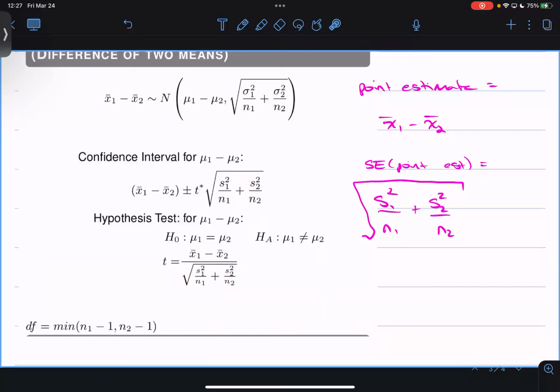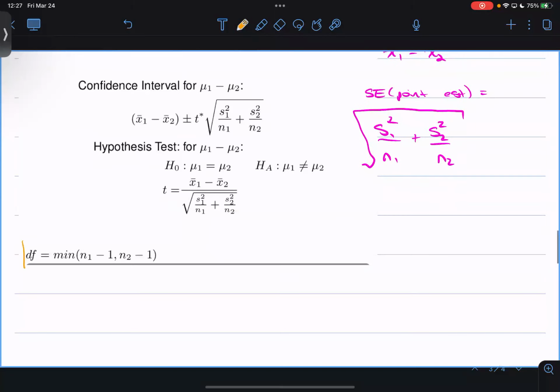Okay, so where do we want to start? Oh, maybe let's talk about the degrees of freedom. Okay. Software is going to use a more sophisticated calculation, and I wonder if I have it.